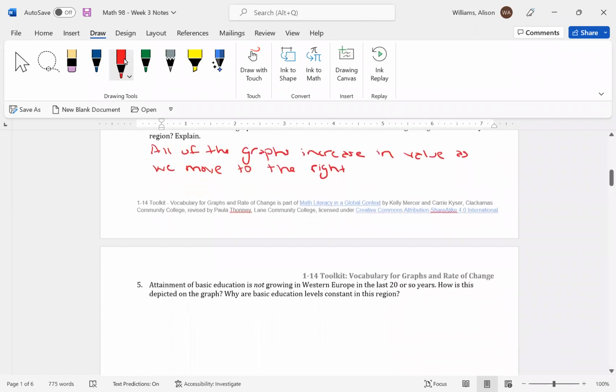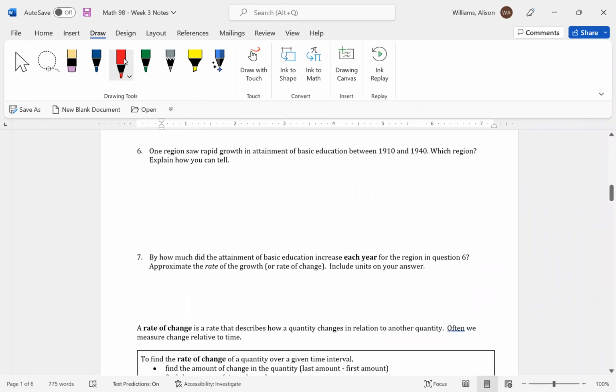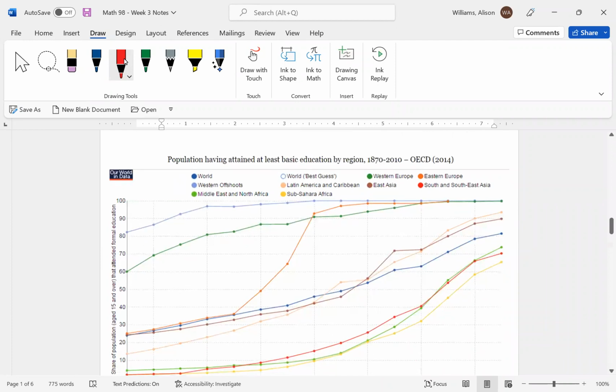That's how we know. So attainment of basic education is not growing in Western Europe in the last 20 years or so. How is this depicted on the graph? Why are basic education levels constant in this region? So I kind of pointed that out just a second ago. But Western Europe, that's the green one here. So that's this one. And if I follow, I see that it kind of hits this, boop, right?